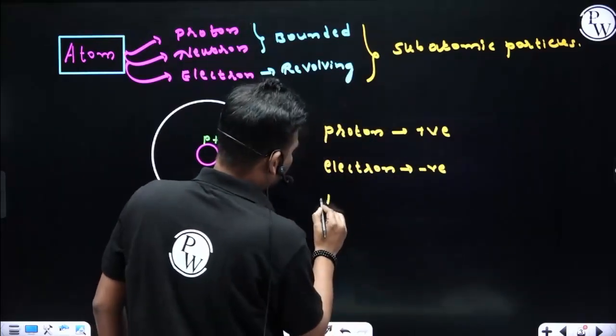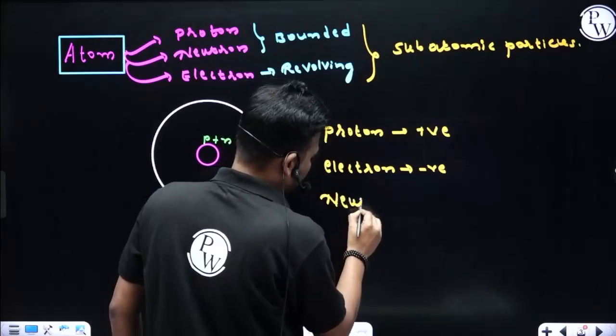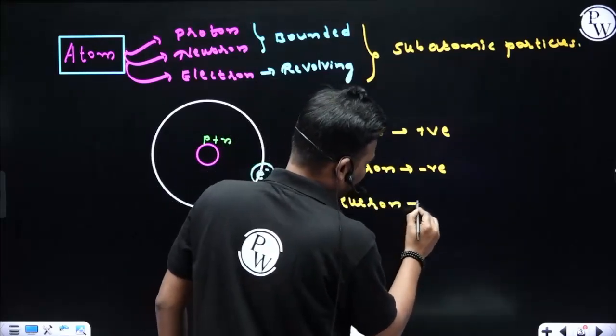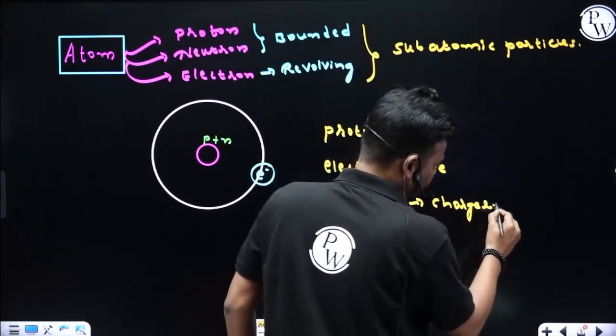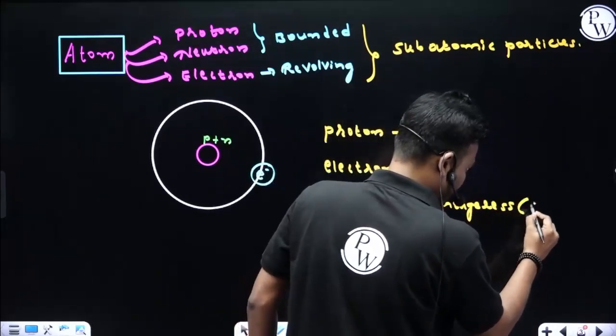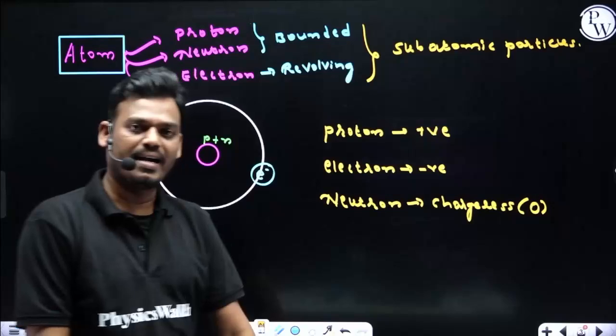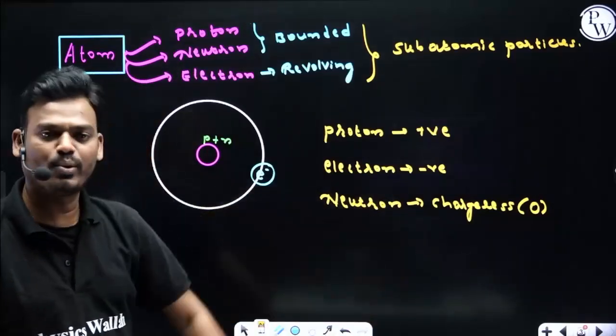When we consider a neutron, it is chargeless, which means it is zero. There is no charge on this neutron.